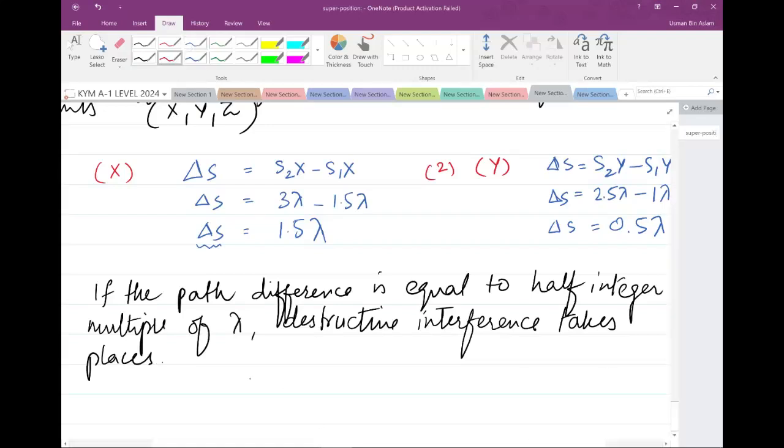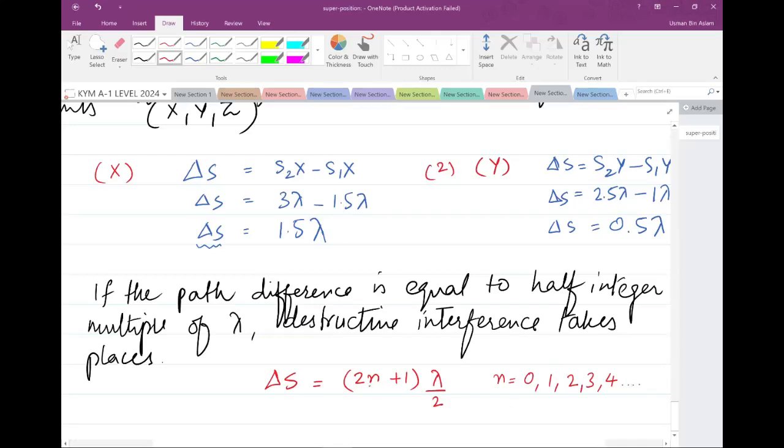I'm going to write down a mathematical formula for that. Delta S is equal to (2n plus 1) times lambda by 2, where n is equal to 0, 1, 2, 3, 4, and so on.